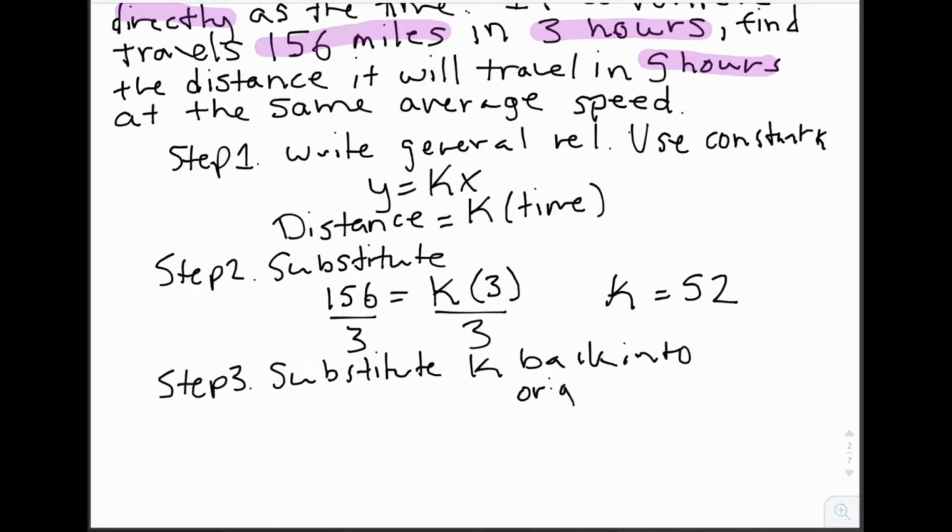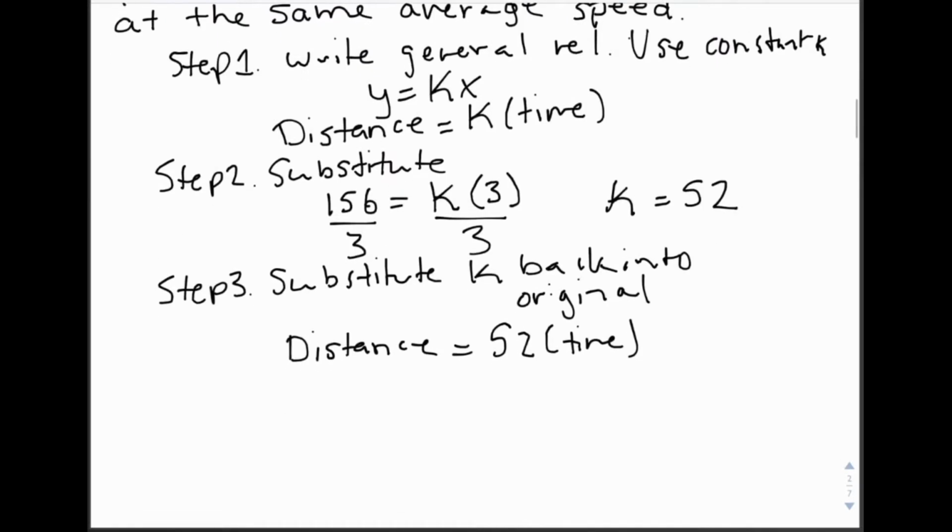So let's substitute it back into the original to obtain some sort of general equation. So that will give us our distance equal to k, which we now found, 52, multiplied by our time.